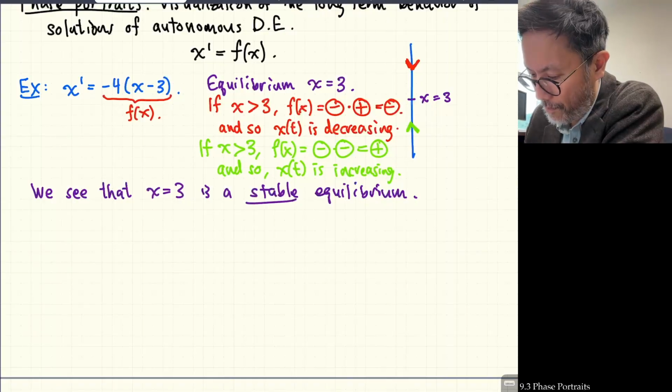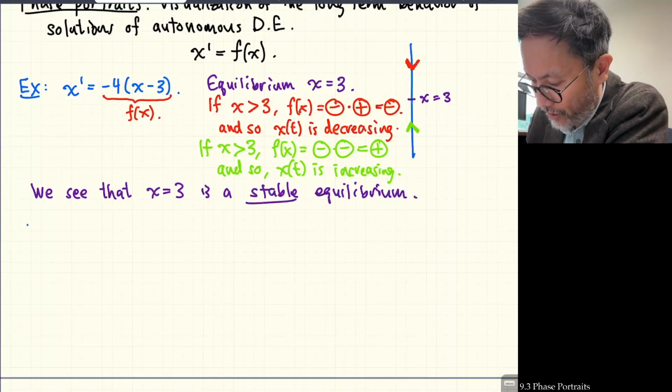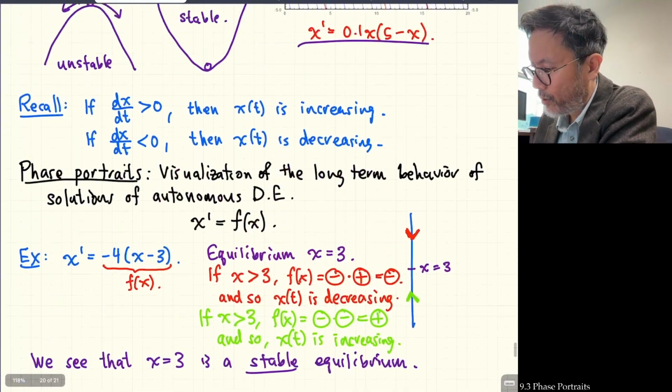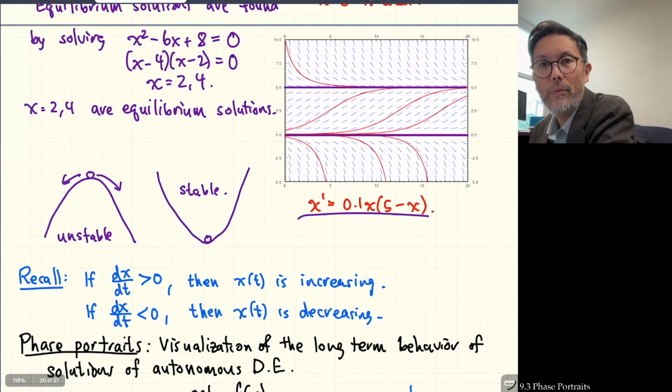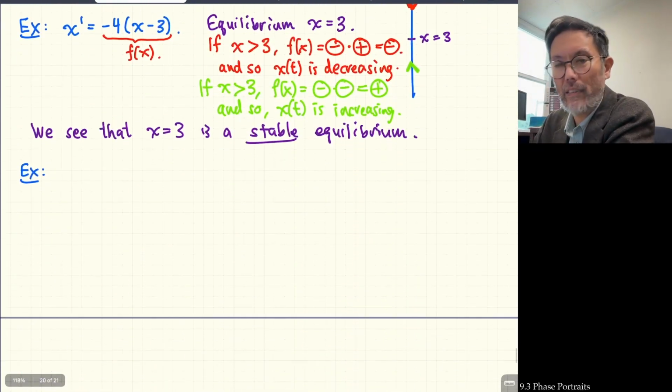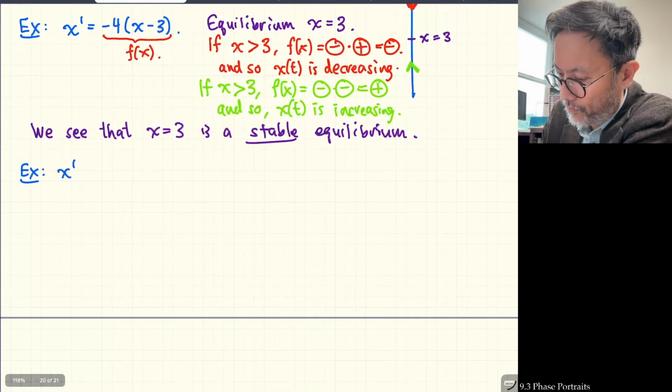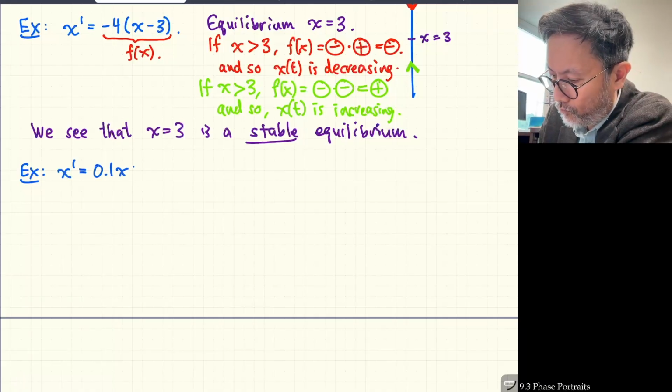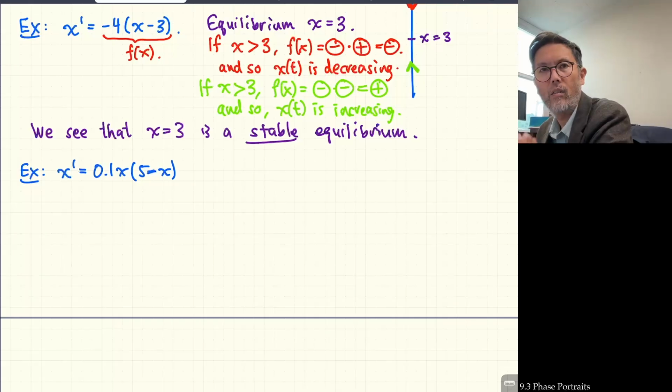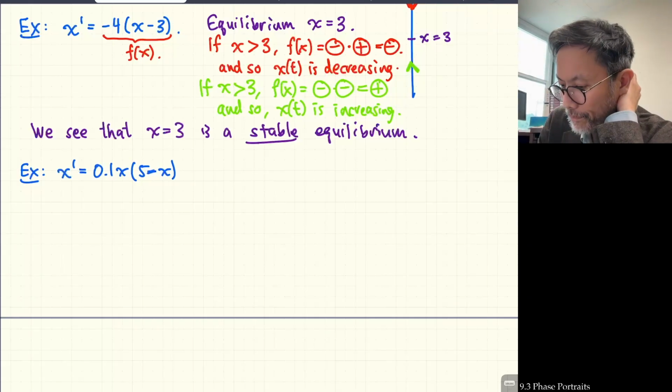Okay? And let's see what happens if we look at, for example, this equation. x prime equals 0.1 x times 5 minus x. Now we have two equilibria.